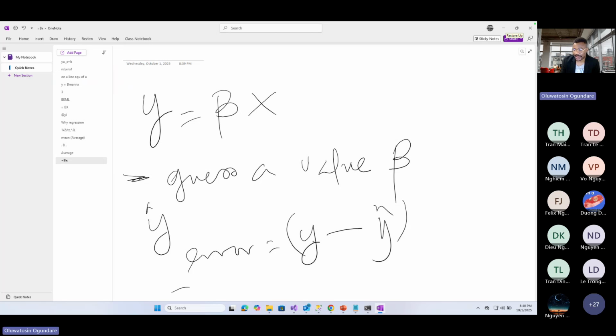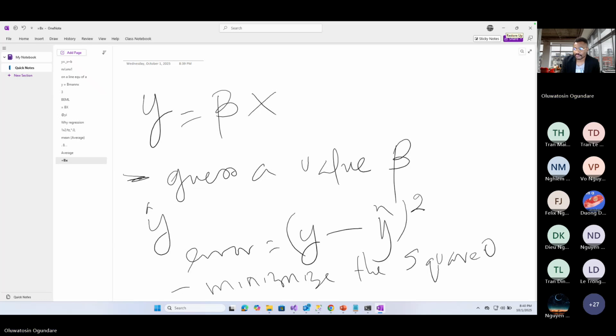The error is y minus y hat squared, so your goal is to minimize the squared error. This is why we call it the least squares method. You just start by guessing a value for beta, and you keep updating beta until the error disappears.